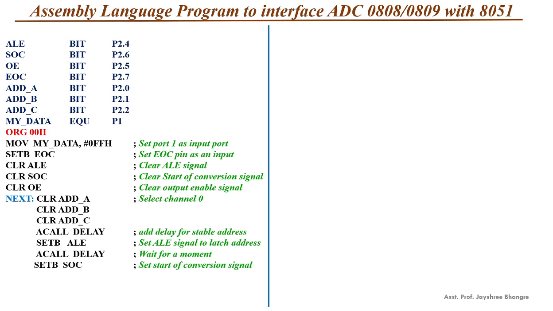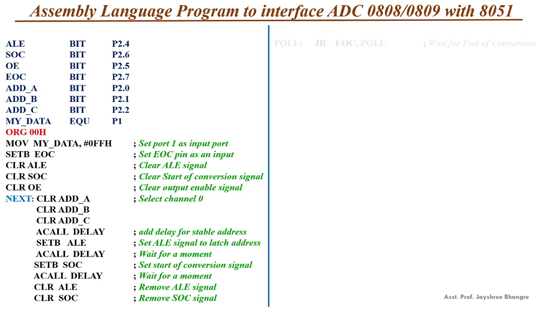After latching the address, we use the instruction set bit SOC, which means we are starting the conversion. After this signal, again wait for a moment using ACALL delay, then clear ALE, remove the ALE signal, and clear SOC, remove the start of conversion signal.